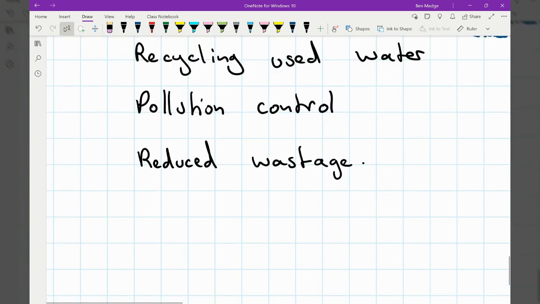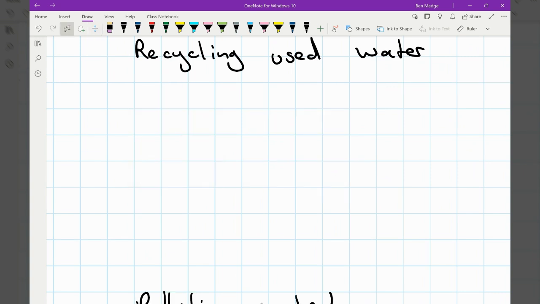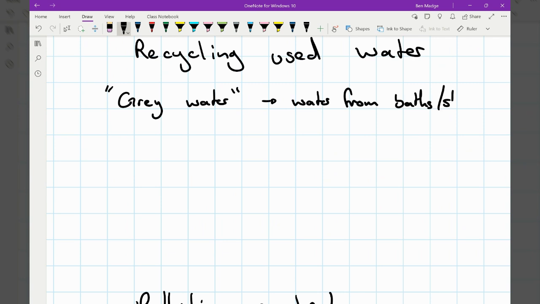So next one then, recycling used water. So this might mean using what we call grey water, which is water from baths or showers, for water uses that don't really need potable, drinking water quality water.